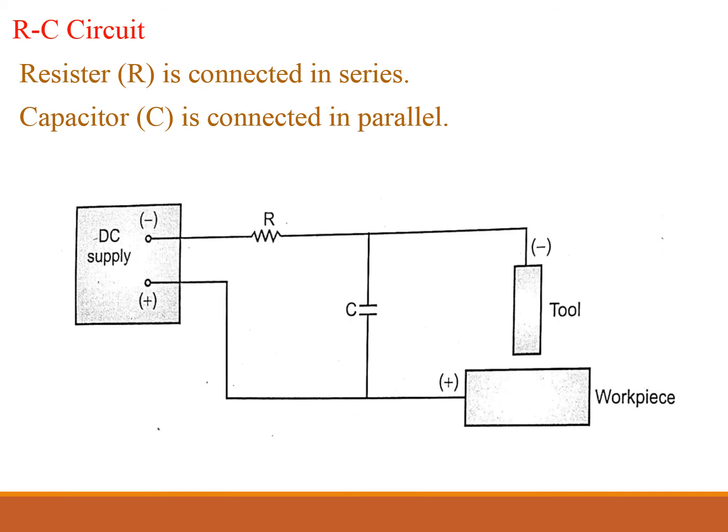After the capacitor discharges, sparking ceases and the dielectric fluid in the spark gap gets deionized. The capacitor is then recharged and the cycle repeats itself. The resistor in the circuit prevents the charging of the capacitor before the spark gap is deionized.